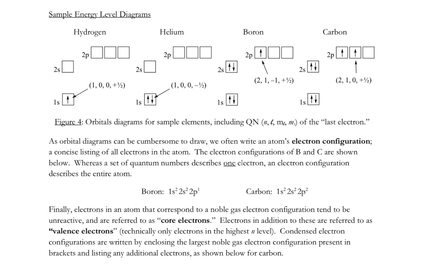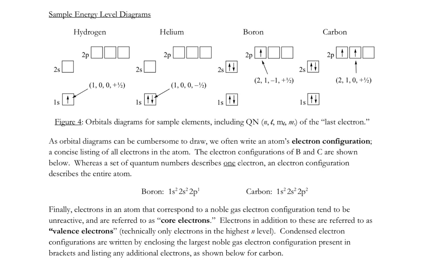For that last electron, its 4 quantum numbers are n equals 2, L equals 1, M sub L is now 0, and M sub S plus 1/2 because we have spin up. So in comparing carbon and boron, we would say carbon has one more unpaired electron.